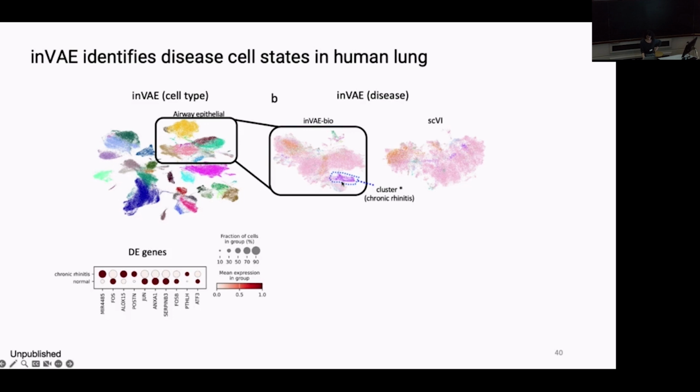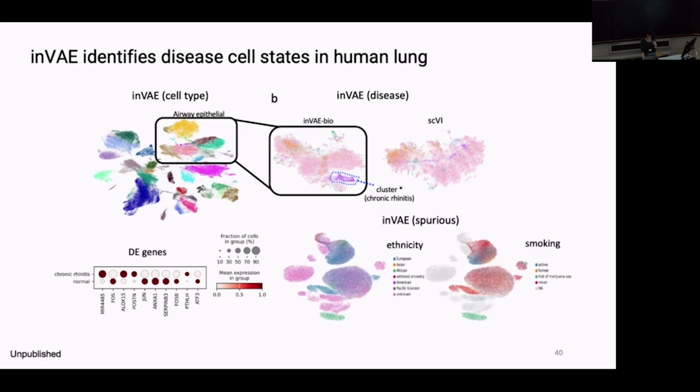So we looked into the differentially expressed genes between this cluster of cells and the rest, and we observed some genes that are associated with this chronic disease. So it kind of validated that this cluster is really different from the rest, and it was nice that VAE could learn these very subtle differences between cells and separate them.